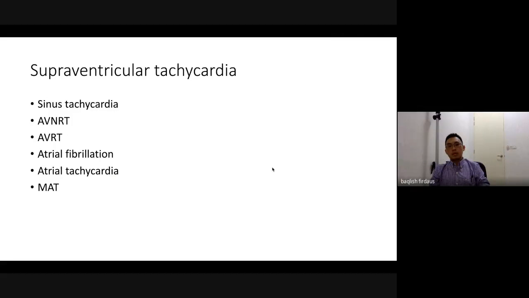Supraventricular tachycardia means tachycardia originating above the His bundle. It is divided into sinus tachycardia, AVNRT, AVRT, which are atrioventricular nodal re-entry tachycardia and atrioventricular re-entry tachycardia, atrial fibrillation, atrial tachycardia, or multifocal atrial tachycardia.